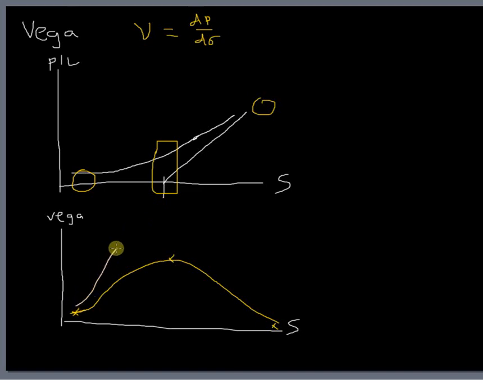So the Vega for a longer maturity option will always sit above the shorter maturity option. So let's say this is 6 months. The second one is T equal to say 1 week. Yeah, so that's about all for Vega that I want to talk about.